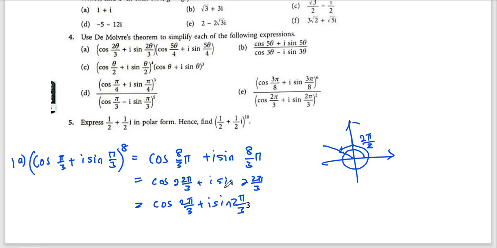Or you can separate this to 2 pi, then you simplify because there is a second round already. Okay, you can put it equals to this. Then you write cos 2 pi over 3 plus i sin 2 pi over 3. Okay, so understand or not? As long as it's more than pi, you have to check.